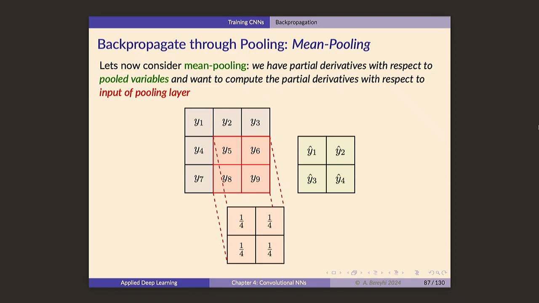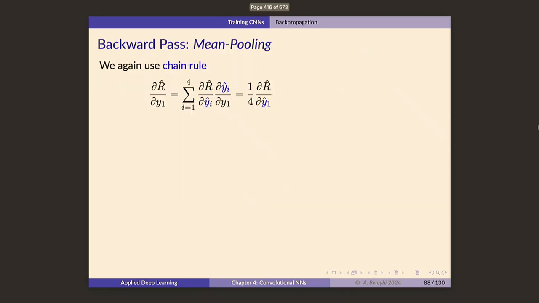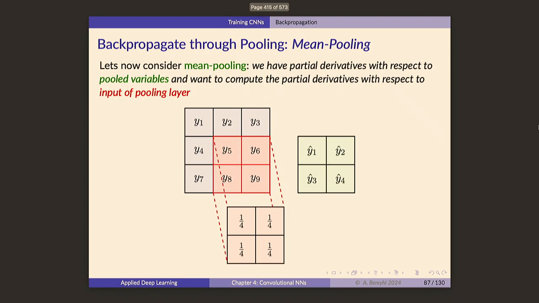And then when you want to go backward, this simply means that you have your gradient. So you do know the gradient of your loss with respect to that y hat at the output.